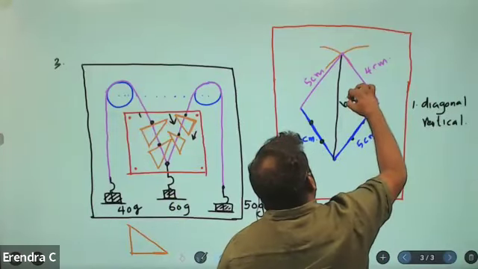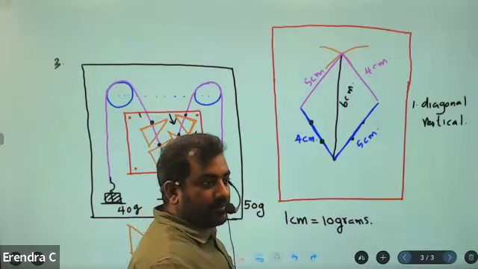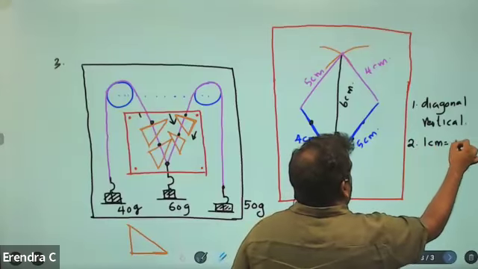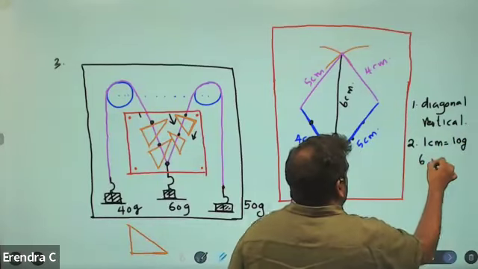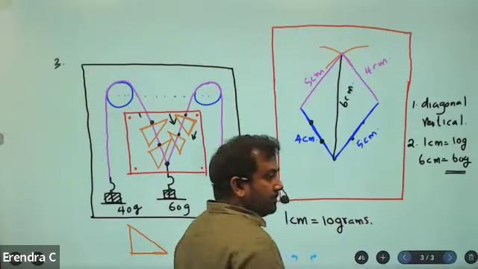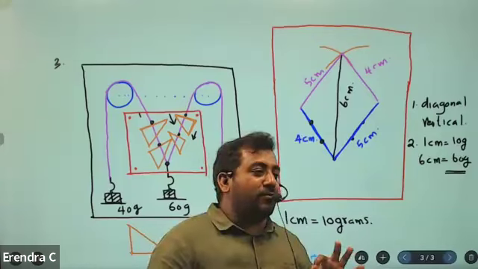Length how much? 6 centimeters. So you know 1 centimeter is 10 grams. 6 centimeters is how much? 60 grams. What can you say about the principle? Principle of parallelogram of forces is correct.